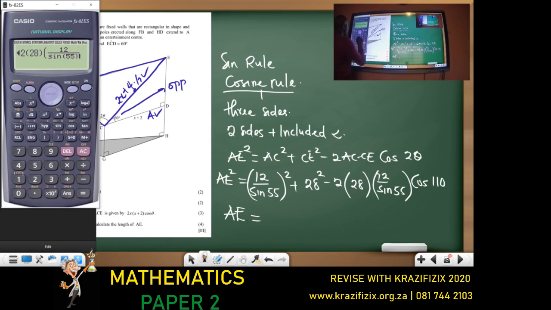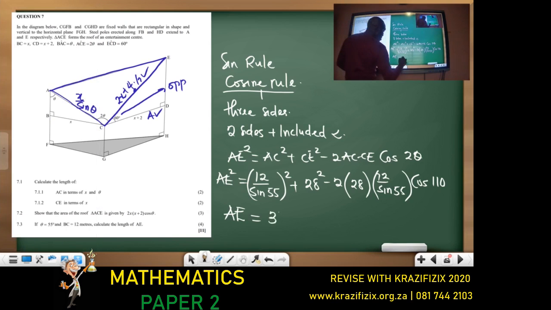It will do all of this before you even blink your eyes. Just put it in nicely, cos 110, and close the bracket, and your answer is 1279. But this is the square. I need to find the square root of that answer. Oh, 35,77. And this is in meters.